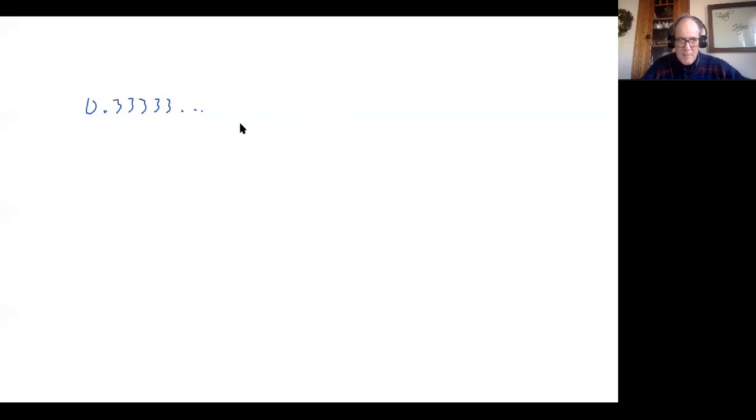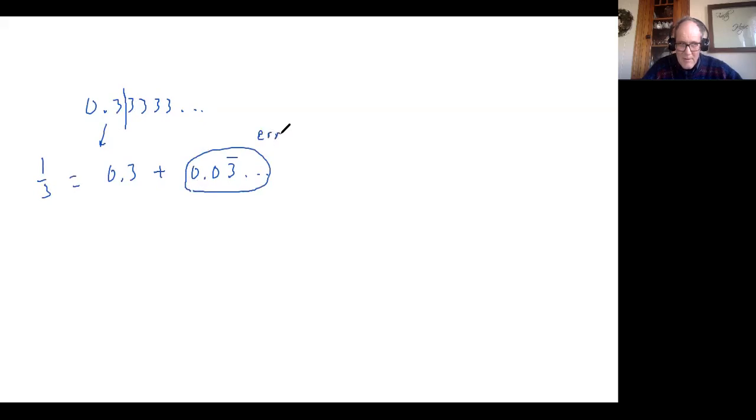We could also get these same results by looking at 0.33333 and so forth, all repeating, and breaking them up. For instance, suppose we just broke this up right here at this point. Then 1/3 equals 0.3 plus 0.03 repeating. And this number right here is then our error, and this number right here is our estimator.